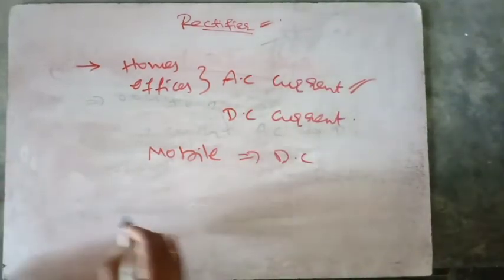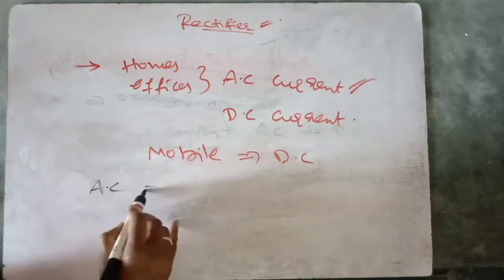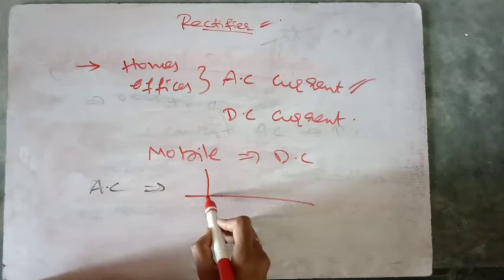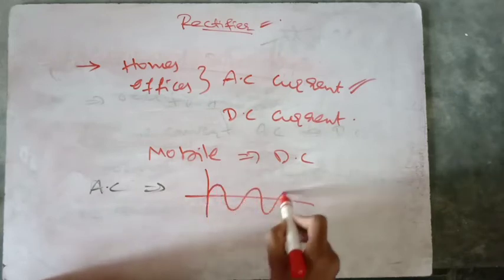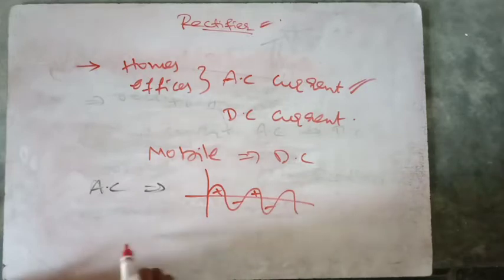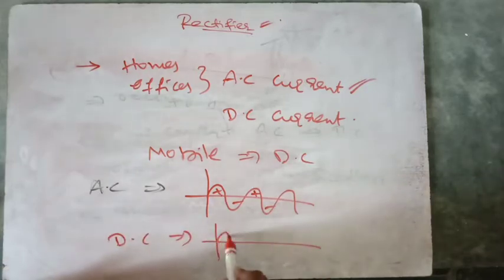AC current is shown as a pulse that contains positive and negative parts. But DC contains only the positive pulse.